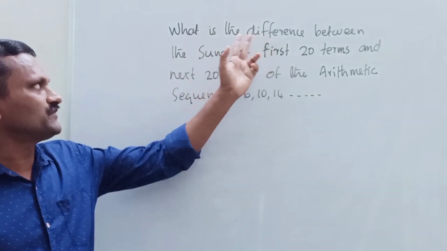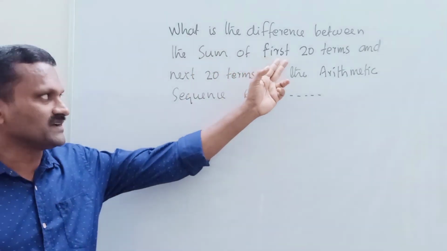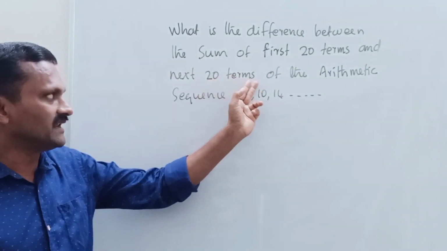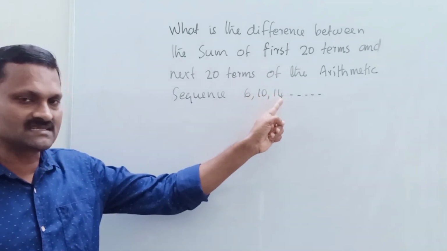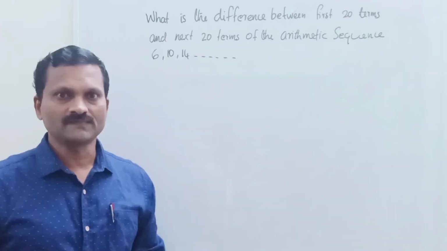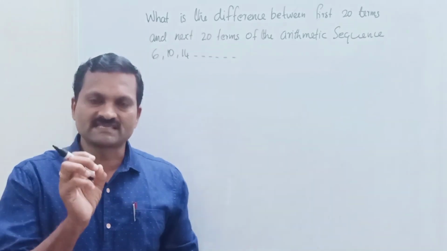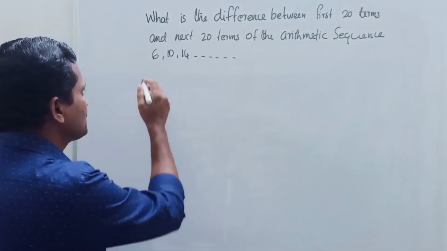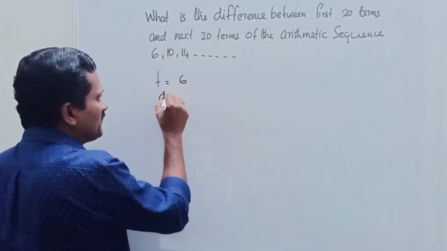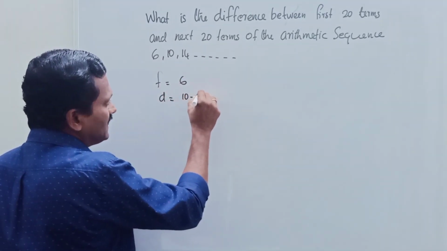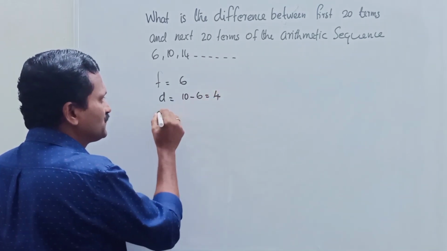What is the difference between the sum of the first 20 terms and the next 20 terms of the arithmetic sequence 6, 10, 14, etc.? First we find the sum of the first 20 terms. For this, the first term f equals 6 and the common difference equals 10 minus 6, which equals 4.